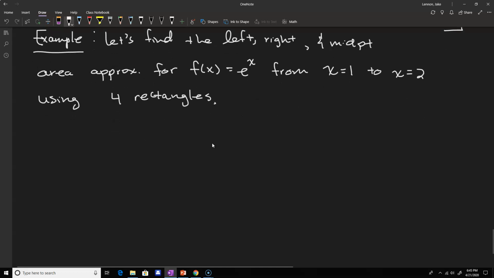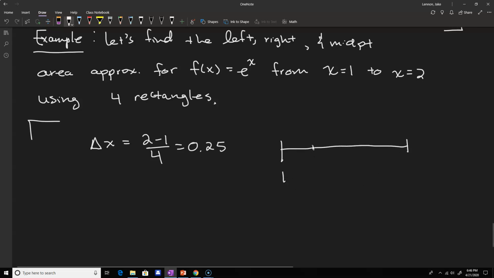So again, for all 3 parts, we want to figure out what delta x is. So here delta x is going to be 2 minus 1 divided by the number of rectangles 4, which comes out to 0.25. So this gives our partition. So we've got 1, 1.25, 1.5, 1.75, and 2.